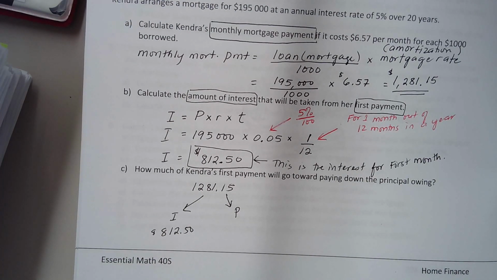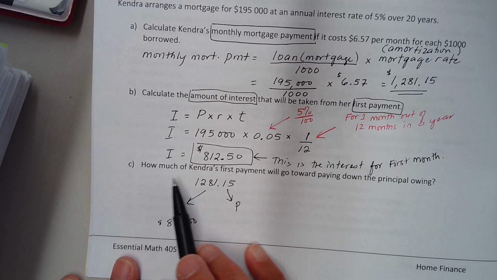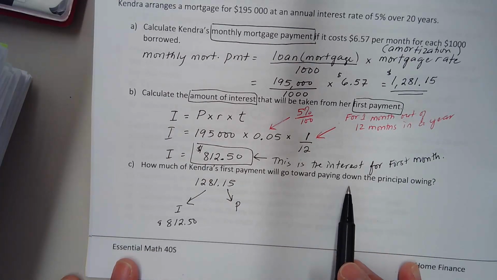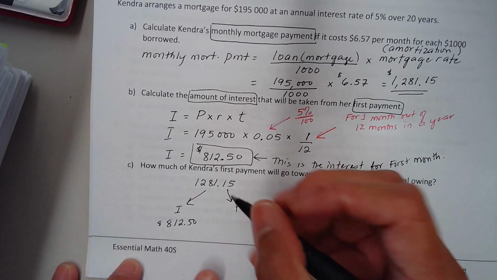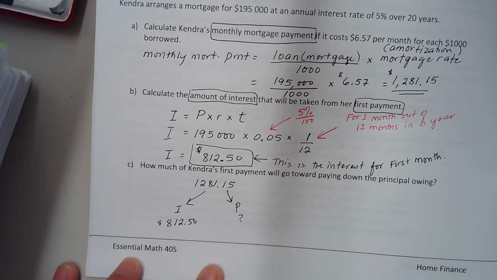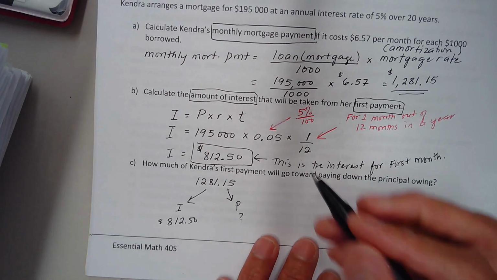The rest of the money. Well, how can we figure out the rest of the money? You subtract. Yeah, excellent, you got it. So how much of Kendra's first payment will go toward paying down the principal? This is what we're looking for. So we are going to subtract that amount.